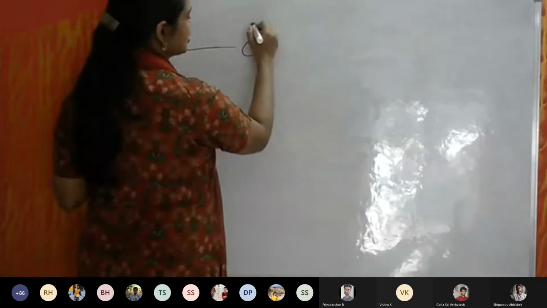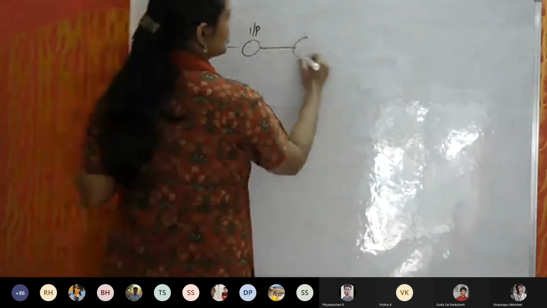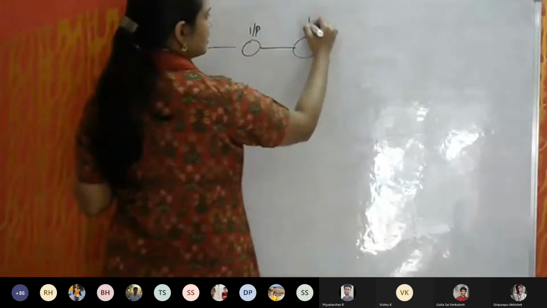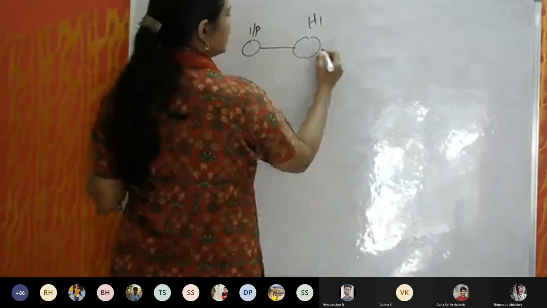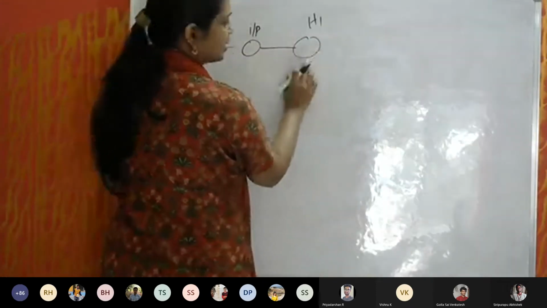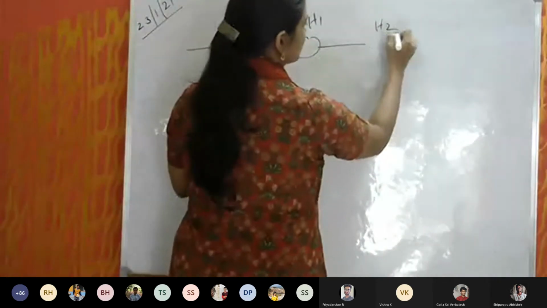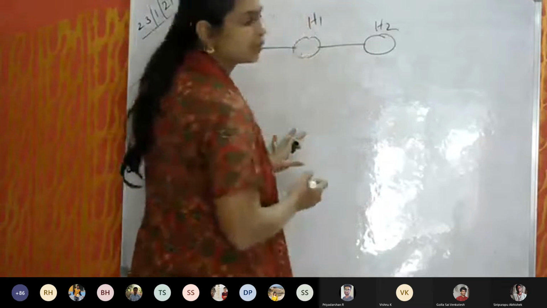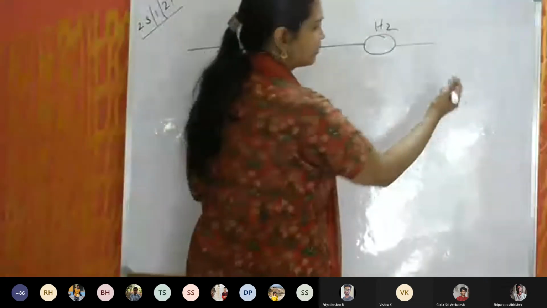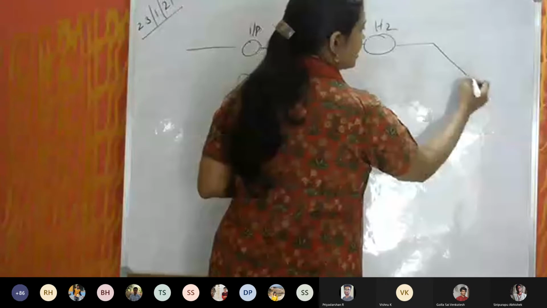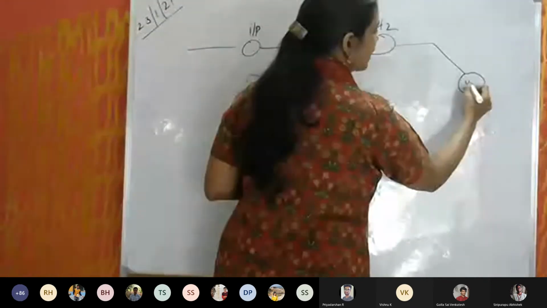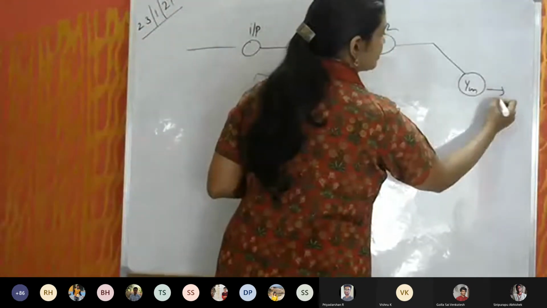You have the inputs, and then you have one hidden layer, say hidden layer 1. So here the activation function will happen, and that output will go to another hidden neuron. Here once again you will have an activation function, and then finally you will have one more activation function.